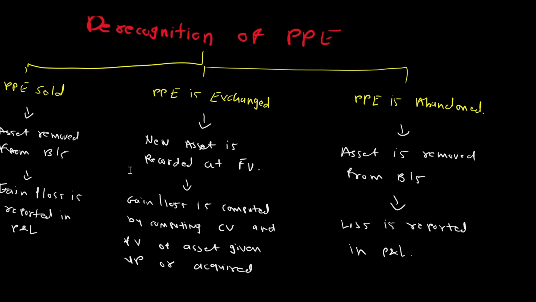In the exchange, the new asset is recorded at the fair value, and gain or loss is computed by comparing the CV and the fair value of the asset given up or acquired. In the abandoned, the asset is removed from the balance sheet and loss is reported in the P&L. That's it.